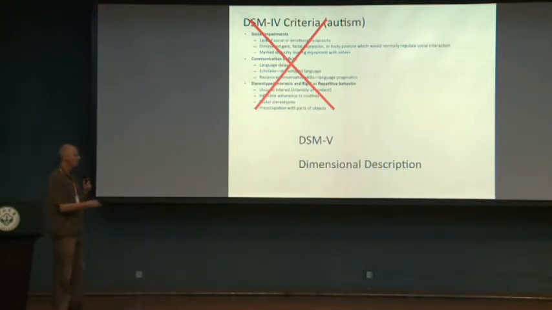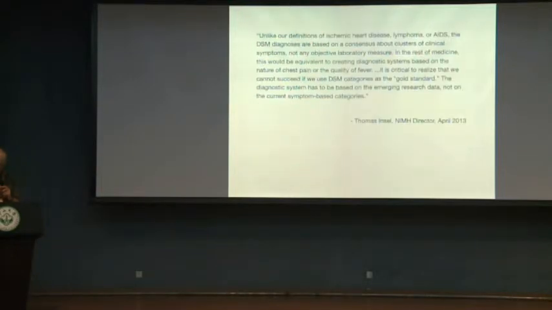to recognize that really this isn't an entity that should be defined as a syndrome behaviorally, but you want to give a more dimensional description. And so that's one thing that many people are doing.